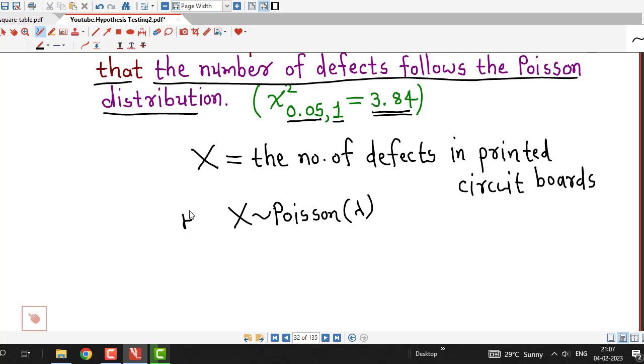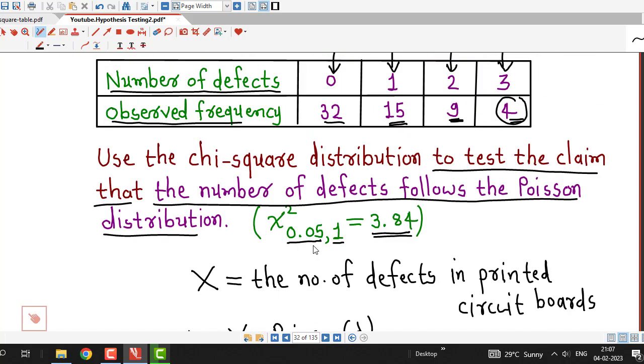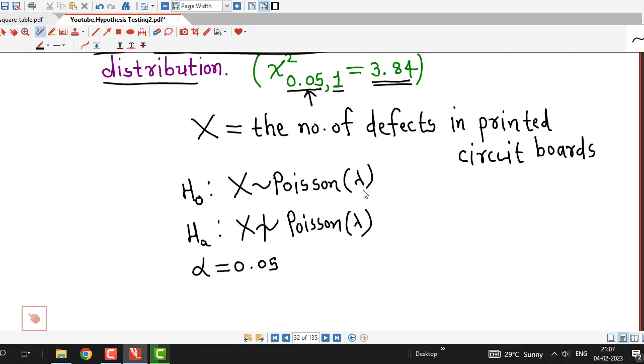The alternative hypothesis will be that X does not follow Poisson distribution with parameter lambda, and the level of significance is 0.05.